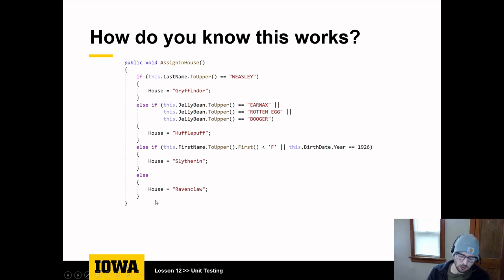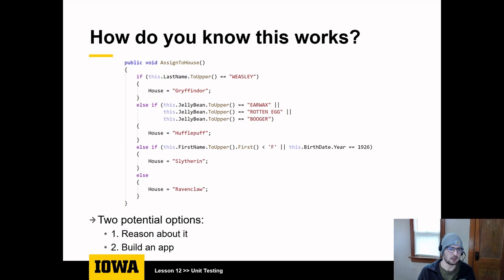And so hopefully by this point in the course, the reasoning about this code is pretty straightforward, and hopefully you could just reason about it to assert that this code probably produces the correct result.